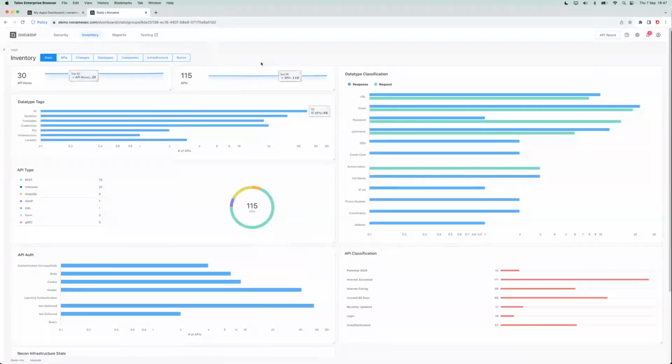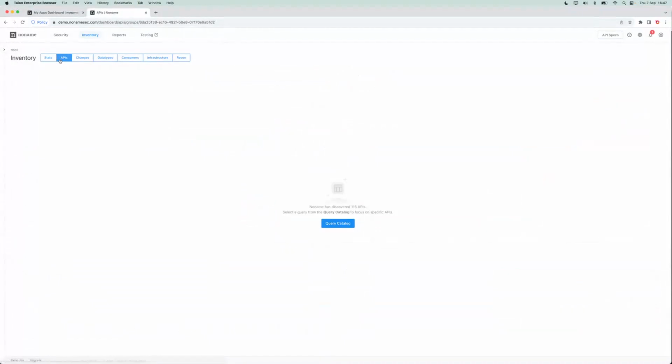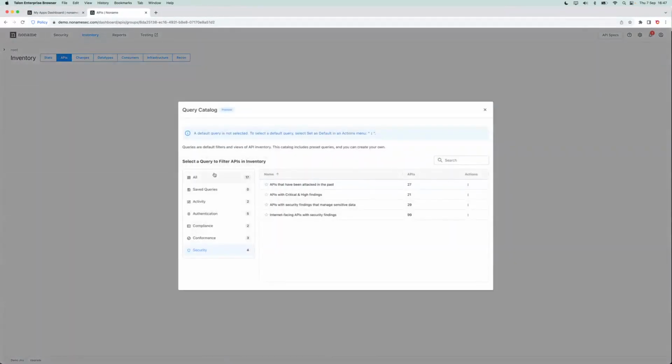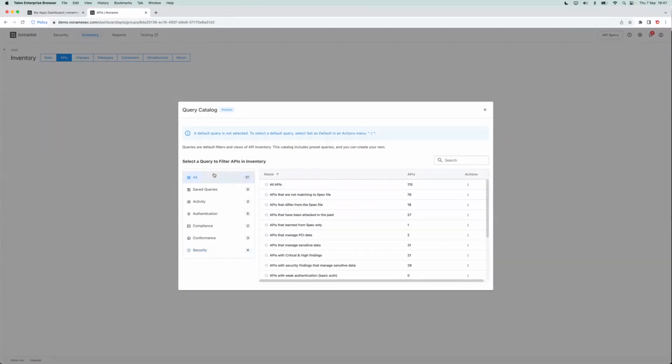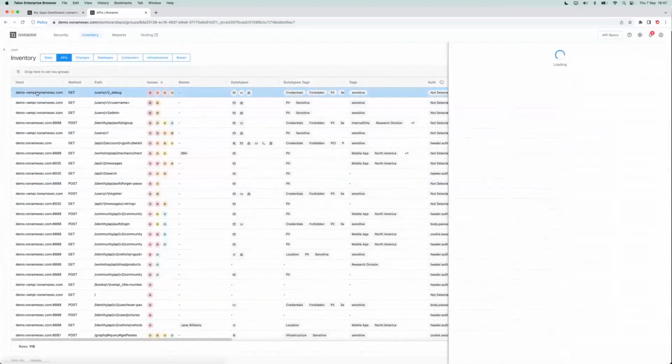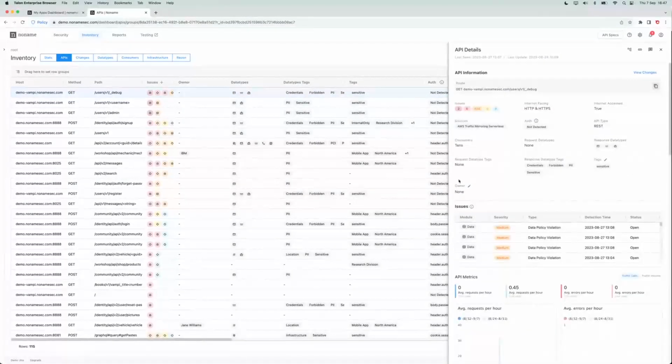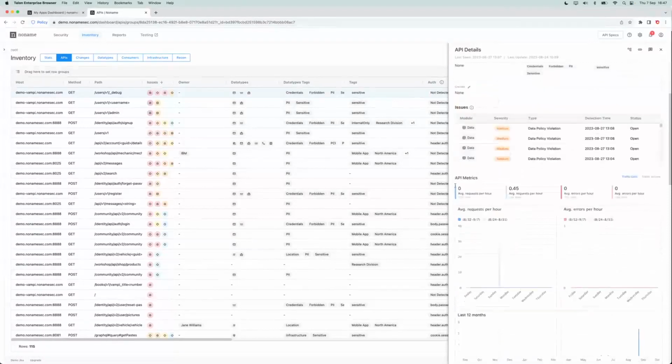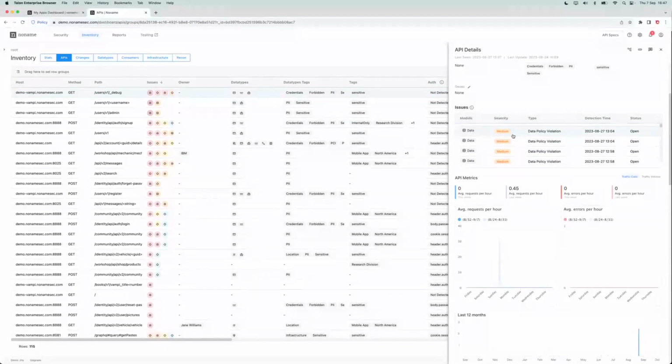So, we discover all of your APIs, including the ability to look at APIs based on specific compliance and conformance frameworks. If you just look at all of them for demo purposes, you can see we give you excruciating detail about each API endpoint, including any issues that we find beyond also the OWASP API Top 10.